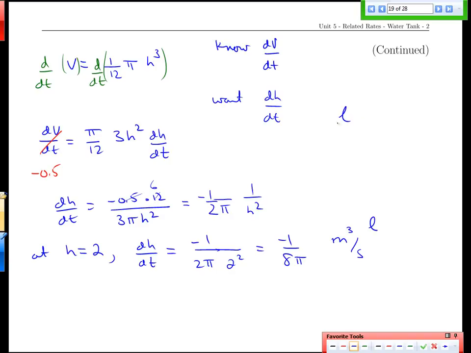Remember the conversion factor from liters to cubic meters? There's 1,000 liters per cubic meter, because a liter is a cubic decimeter. And it takes 10 decimeters to equal 1 meter. And so if we have things cubed, we have to get 1,000 of them.